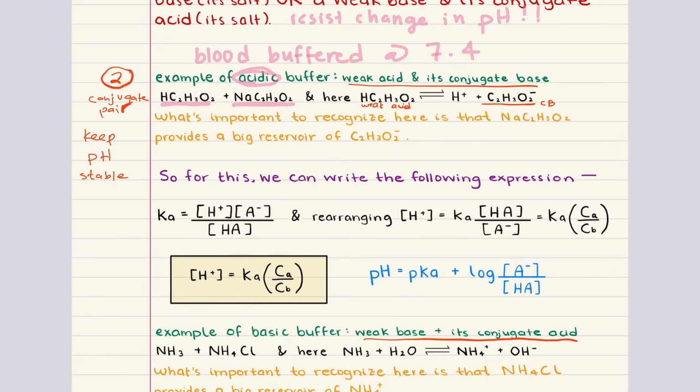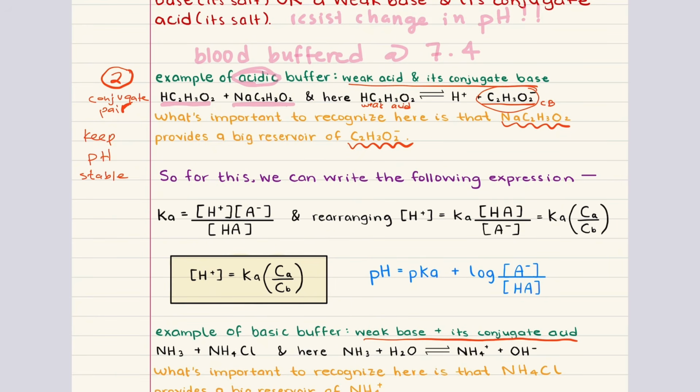That reservoir of conjugate base is key because if you add a little extra hydronium ion to the solution, the acetate ions are going to react with it and soak it up, and it will minimize the pH change that happens. Mathematically, we can describe this with the equilibrium expression.